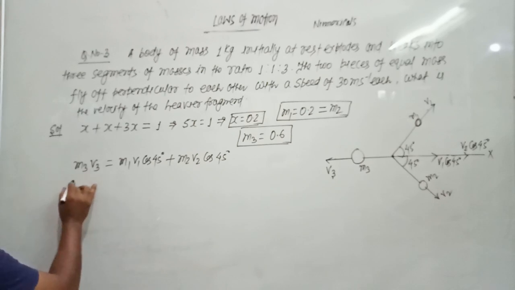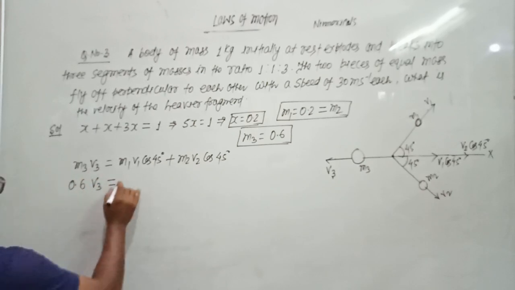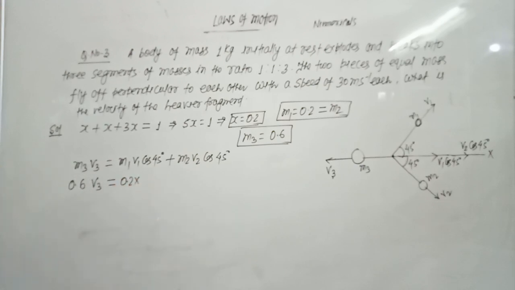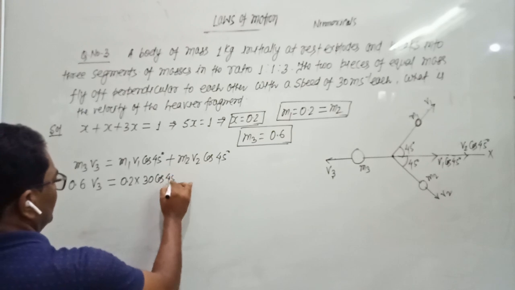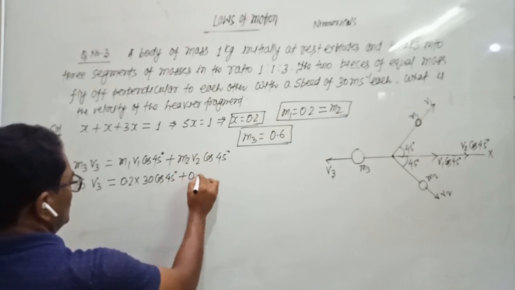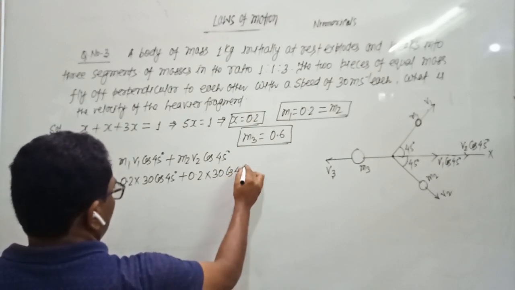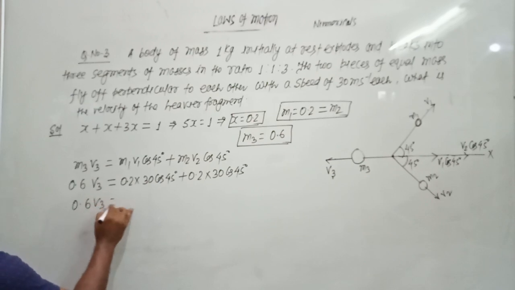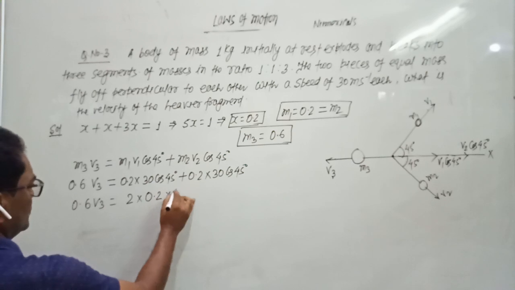M3 is 0.6, so 0.6 V3. M1 is 0.2, velocity V1 is 30 meters per second, so 30 cos 45 degrees, plus mass M2 is also 0.2 into 30 cos 45 degrees. This becomes 0.6 V3 equals 2 into 0.2 into 30 times cos 45 degrees.